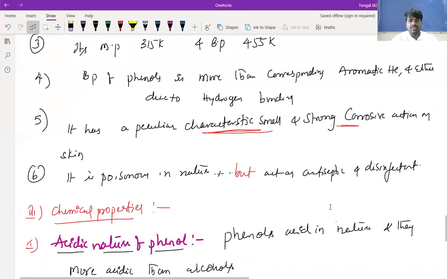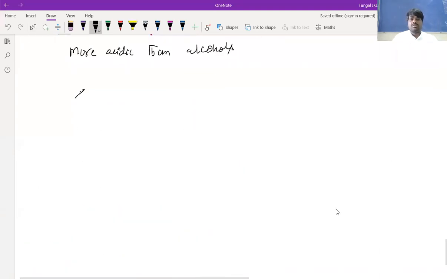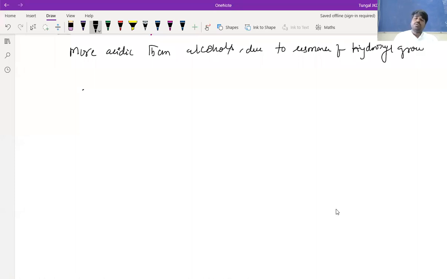Let me tell you the reason why they are more acidic. It is due to the resonance of the hydroxyl group with the benzene ring.